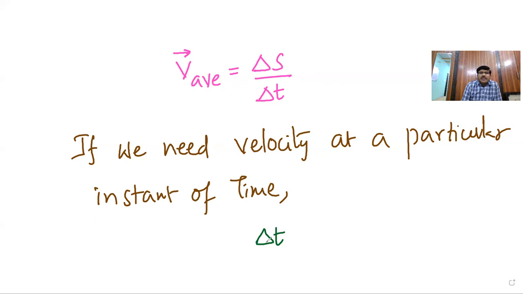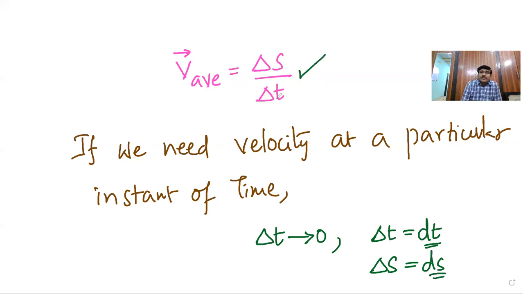Change in time at that particular very small period tends to 0. When change in time tends to 0, automatically it is a very, very small time period. We denote delta t and replace that with small time dt. d stands for differential element, very small time. Similarly, delta s, in the very small dt time, the change in displacement is also very small, ds.